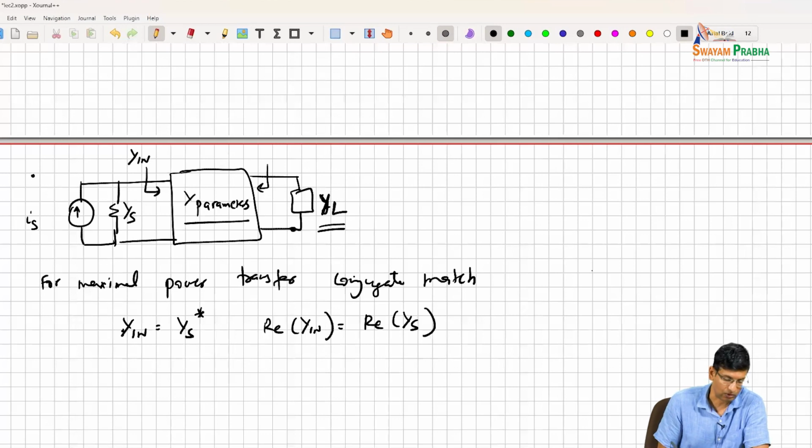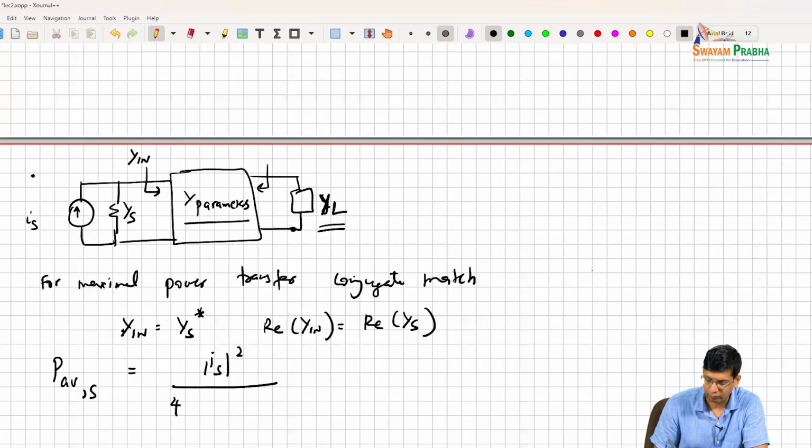So if I then think about the power that is available from the source, I can show that it is basically Is squared divided by 4 real part of Ys.